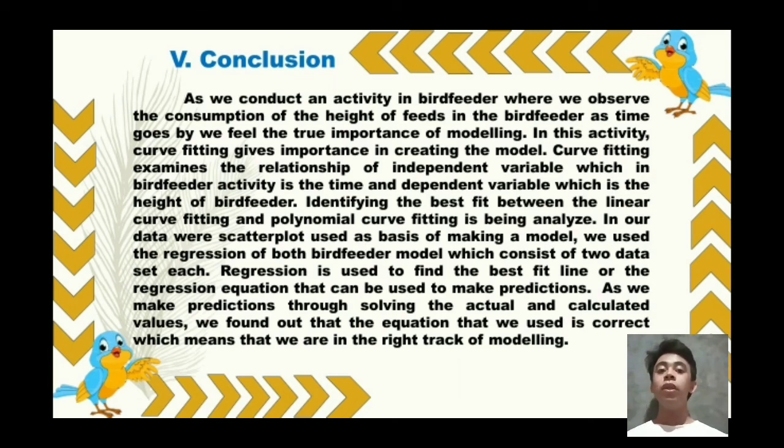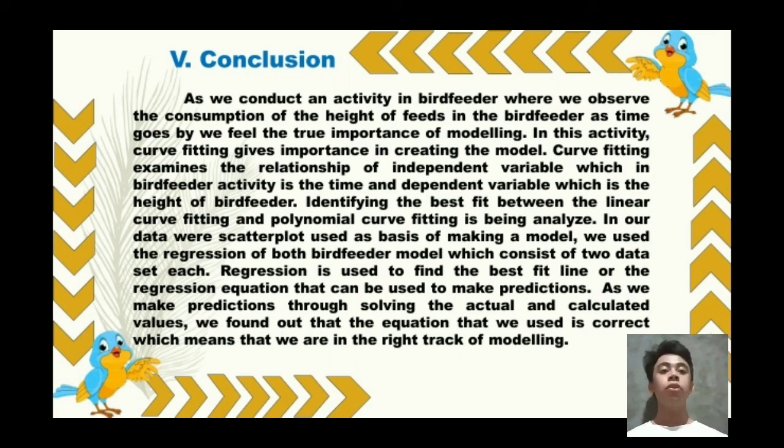Identifying the best fit between the linear curve fitting and polynomial curve fitting is best analyzed. In our data, where the scatter plot is used as the basis of making a model, we use the regressions of both bird feeder models, which consist of two datasets. Regression is used to find the best fit line or the regression equation that can be used to make predictions.